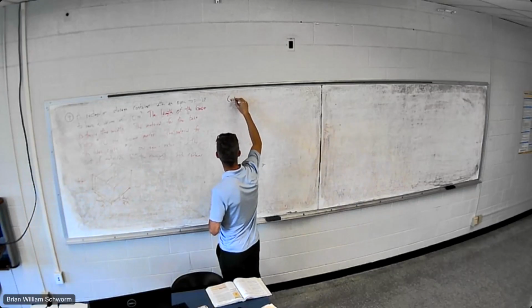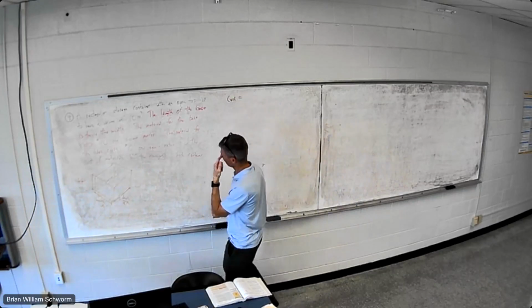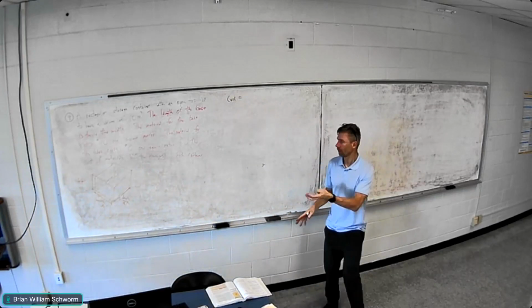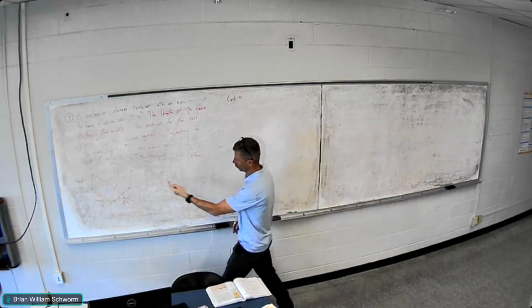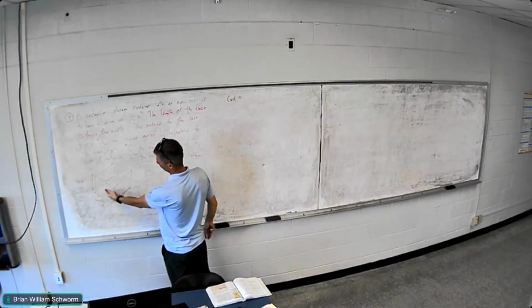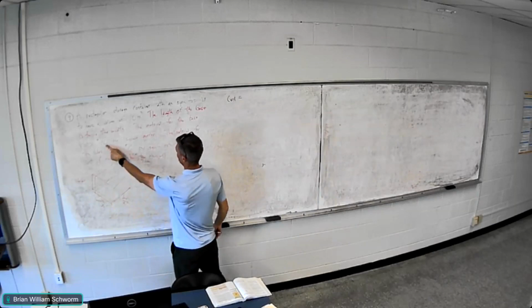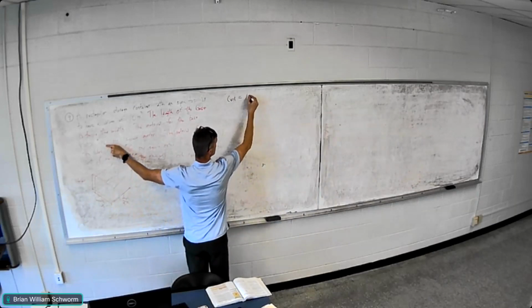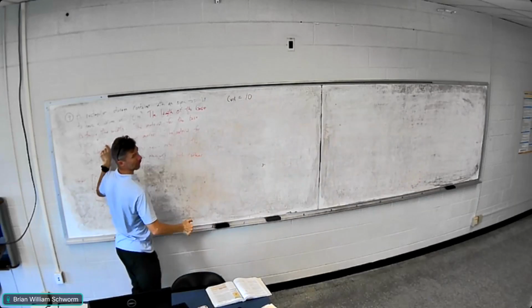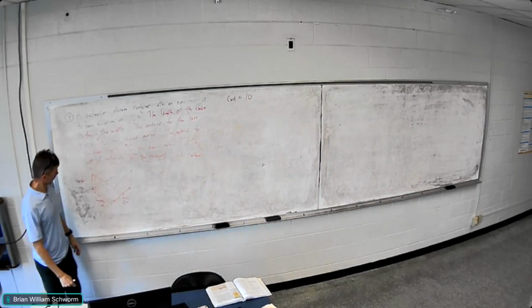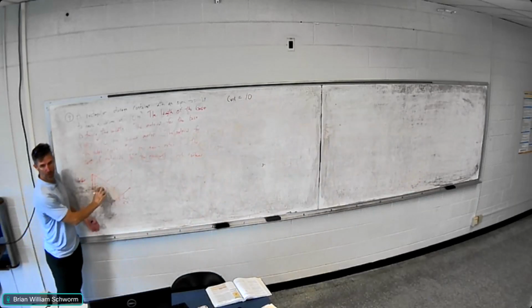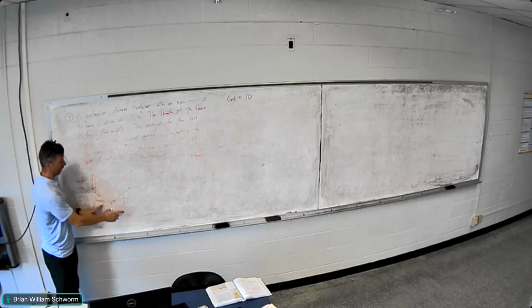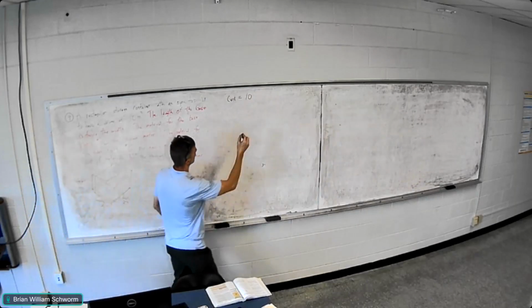Cost equals, I'll do the bottom first. It's the most expensive part in terms of cost per square meter. It is $10. So I'm going to take 10 times the area of the bottom. The bottom is just a rectangle, so it's length times width, so it's x times 2x.